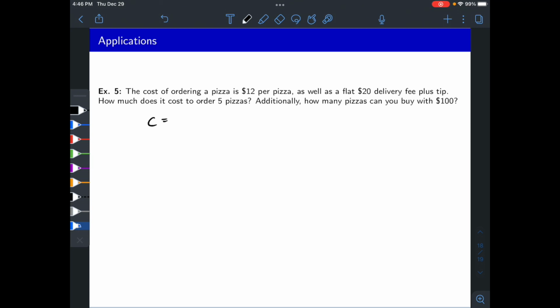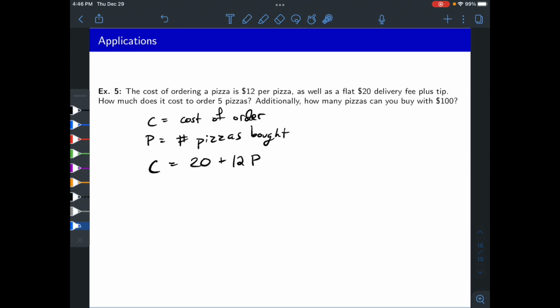All right, so I'm going to say that C is going to be the cost of the order. I'm going to make P be the number of pizzas that you're going to buy. Then the cost of the order is going to be, well, there's a $20 flat fee plus $12 per pizza, and we're buying P of them, so it would be 12 times P additional dollars. So this equation relates the two variables that we just defined, the cost of the order and the number of pizzas bought.